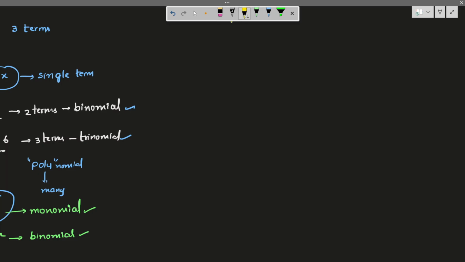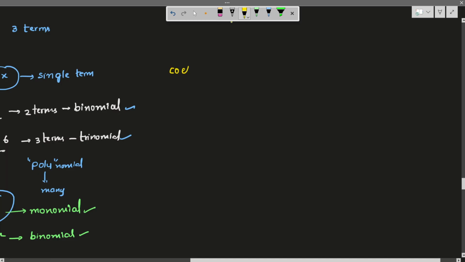Coefficient: the number which is placed in front of a variable.